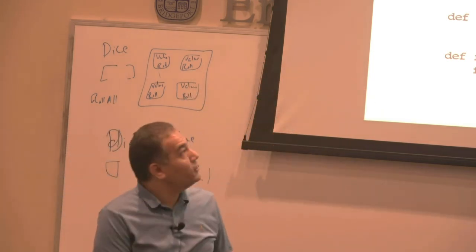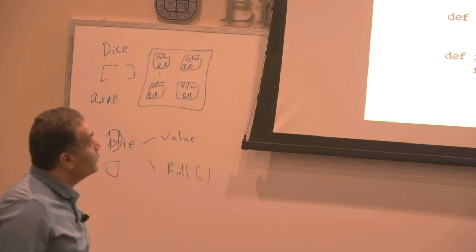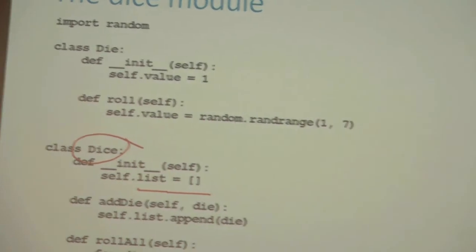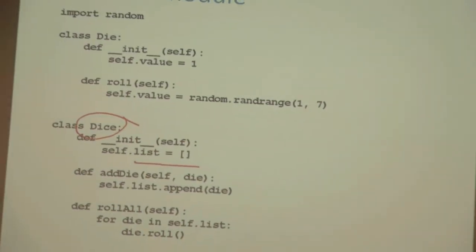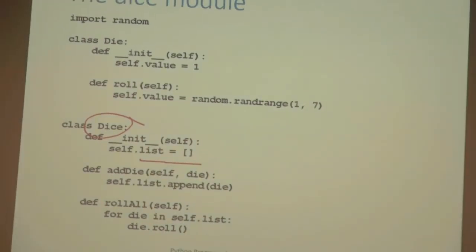All right. So let's take a look at the die in there. Class Die. So, the constructor, what do I usually do with the constructor? I initialize the parameters, the values, the attributes. All right? So when you look in here, def __init__, self, value equals 1.